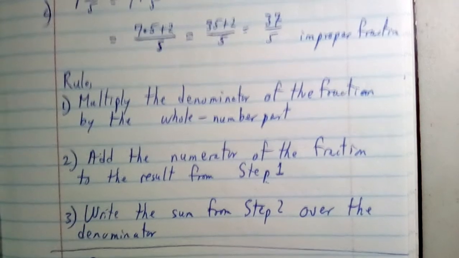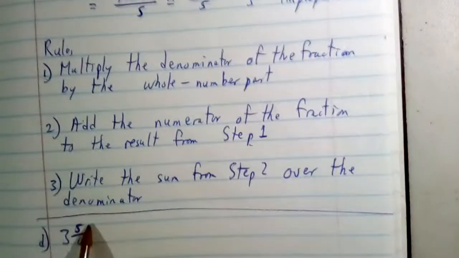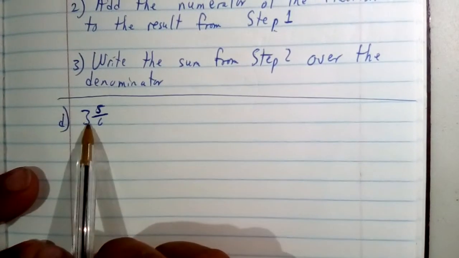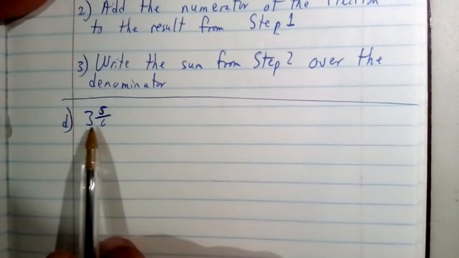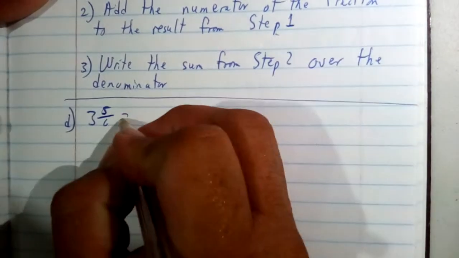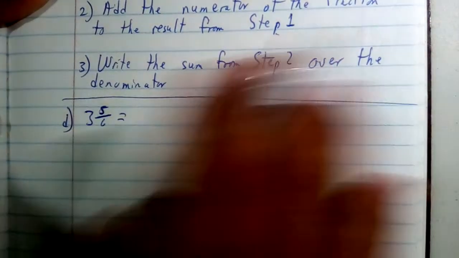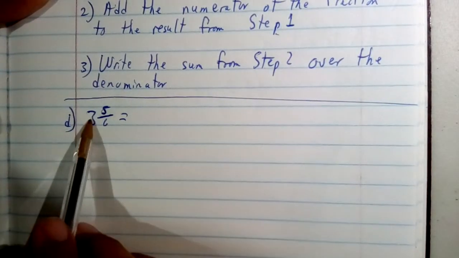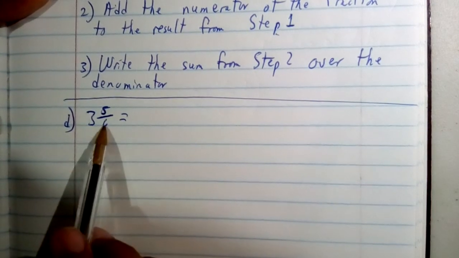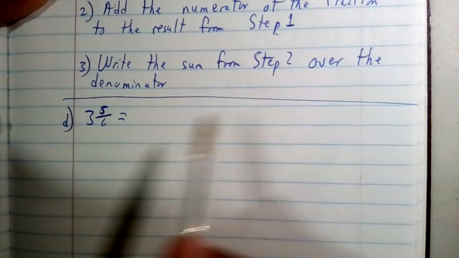Because it is faster than writing this as, oh sorry about that, I cannot see the problem. Okay, so this is the problem 3 and 5/6. What happens is that we can apply these two methods, but we're going to go with the shortest method, which I just showed you. So by the order of operation, we're going to do this: the whole number times the denominator, or multiply the denominator by the fraction. Okay, so you get this.